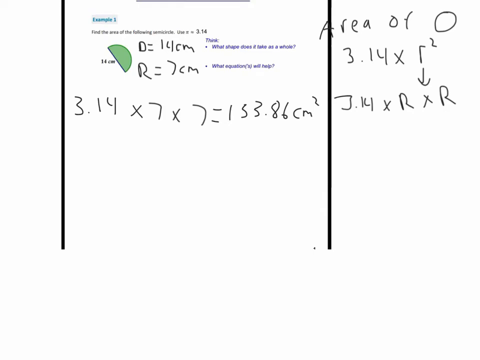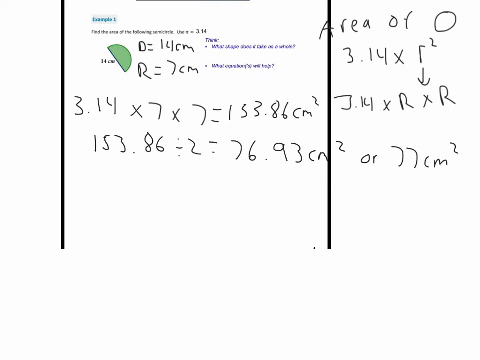I like to divide by 2, so I'm going to go ahead and do 153.86 and just divide it by 2 so that you get that half circle. And when you do that, you get 76.93. And then if you wanted to, we'll go ahead and round that, centimeters squared, or how about 77 centimeters squared. You could round that up if you wanted to. Either answer would be fine.